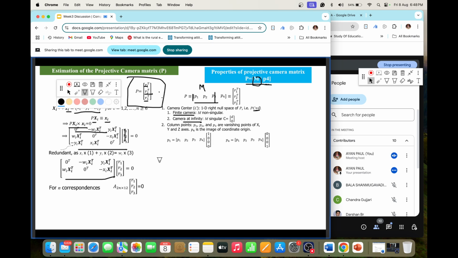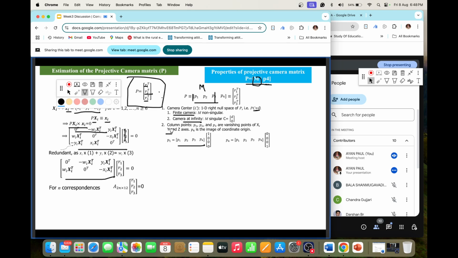Each vanishing point of x, y, and z can be found out by multiplying the projection matrix with x, y, and z. That means how can we find the vanishing point in the x direction? Very easy. If I just multiply the whole projection matrix with 1 0 0 0, I can find the vanishing point in the x direction, capital X direction.